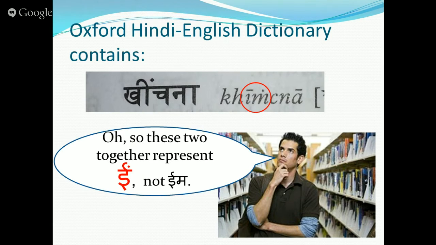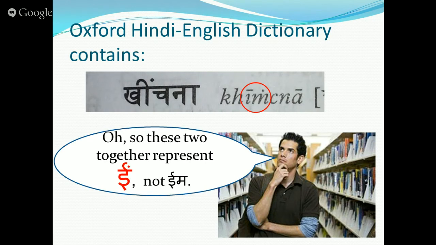So we go back to our original word, and we notice that the long I, represented by an I with a line, is followed by an M with a dot. What does that mean? Well, we just said that the M with the dot means that the previous vowel is nasalized. So this is actually a nasalized vowel.